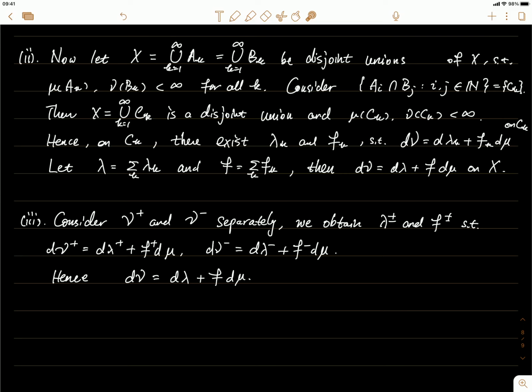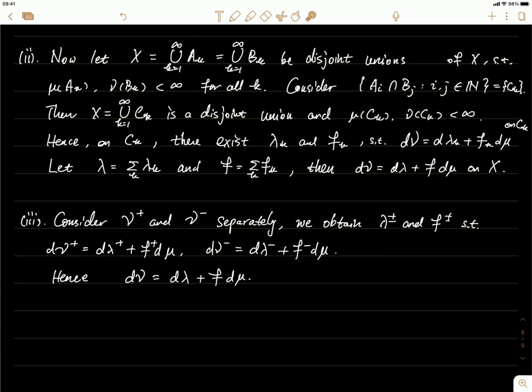And then we can consider such kinds of intersections. We pick any one of this, and any one of this, and take the intersection. We will get, again, countably many sets, and these sets will not overlap either, because these are disjoint.